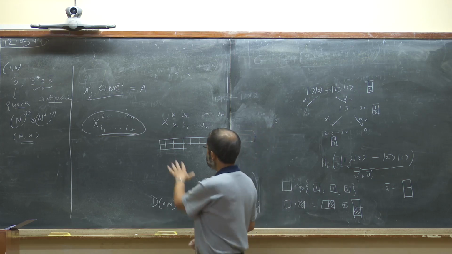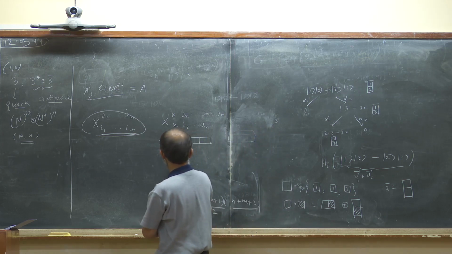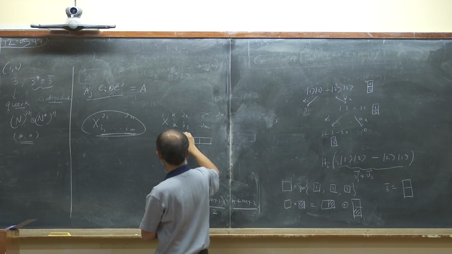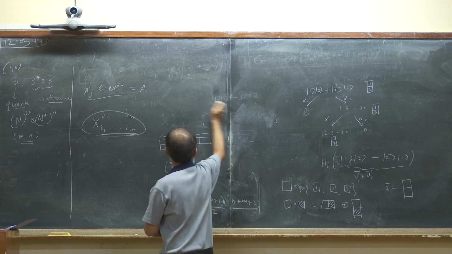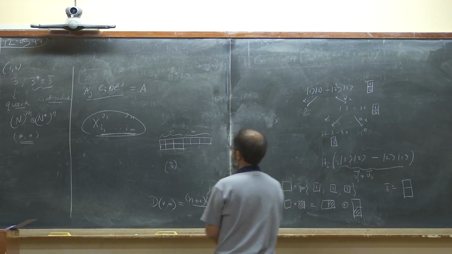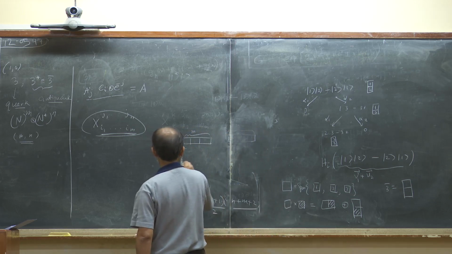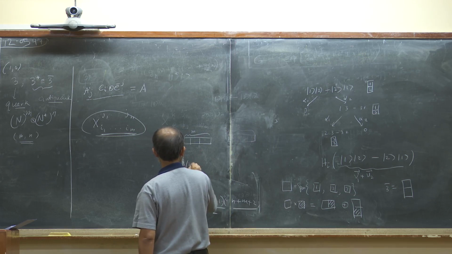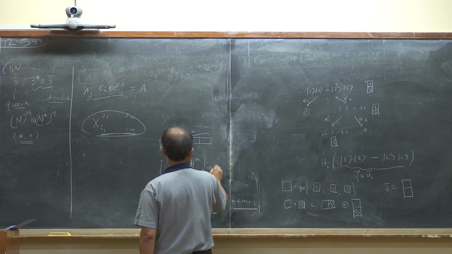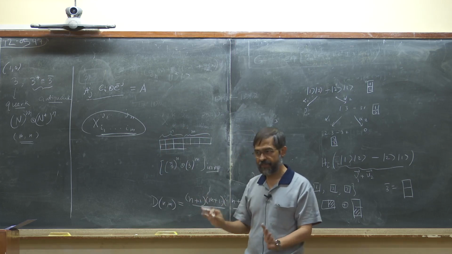So this belongs to 3 bar to the power n and 3 to the power m, where n and m are the notation here, but the irrep of that is constructed in a particular way that we have said.